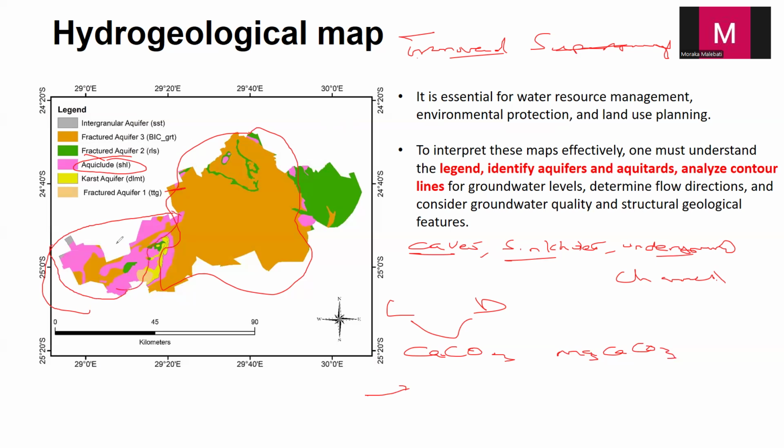So you can now see that a hydrological map, especially when showing you aquifers, helps you understand a lot more. Let's look at this Rustenburg side also of the Bushveld complex. It's also a fractured aquifer.